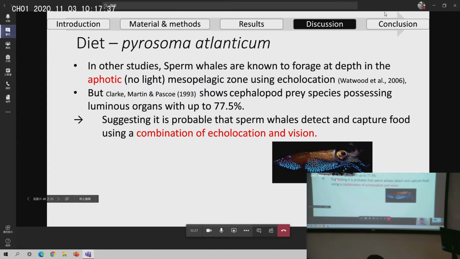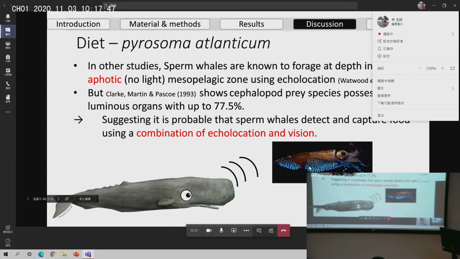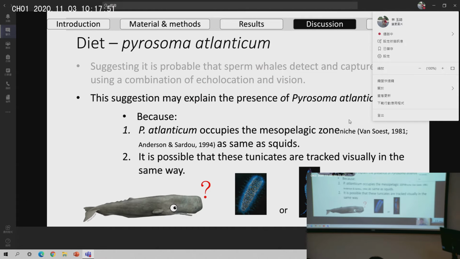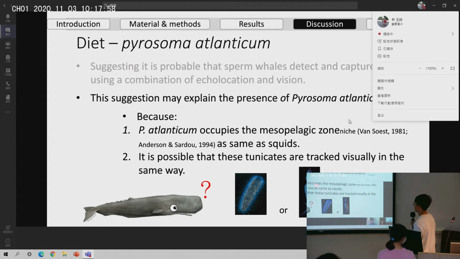So we suggest it's probable that sperm whales detect and capture food using a combination of echolocation and vision. And because pyrosoma occupies the mesopelagic zone, the same as squid, it's possible that these tunicates are tracked visually in the same way.